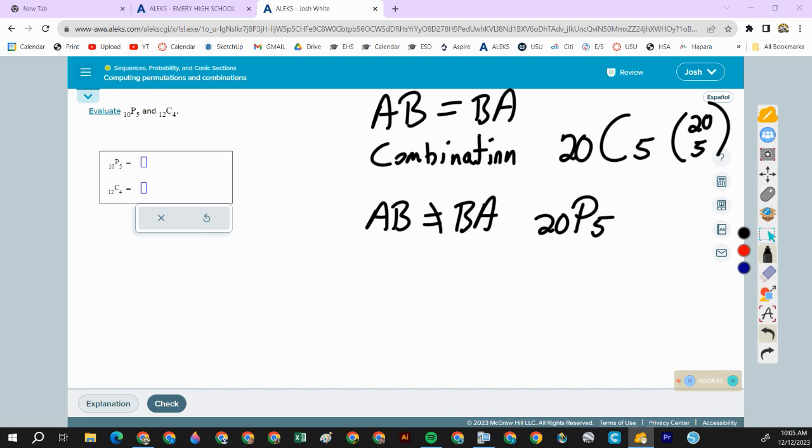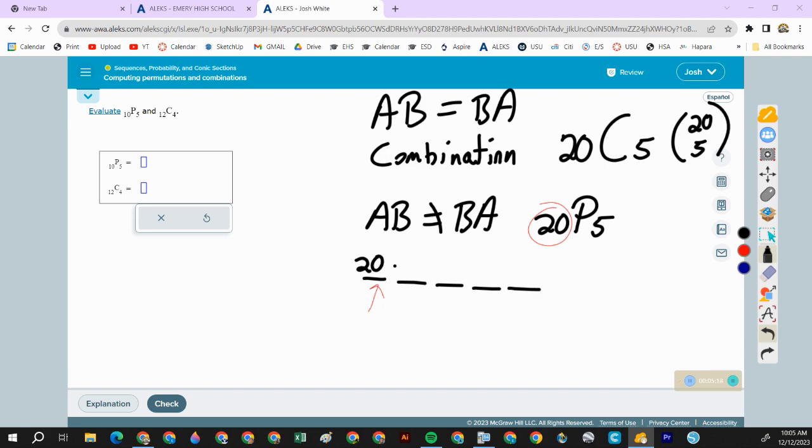What's the other way to calculate this? I just line out 5 letters. How many options are there for letter number 1? 20. Okay. And then what about letter number 2? Well, did I put the letter back in?